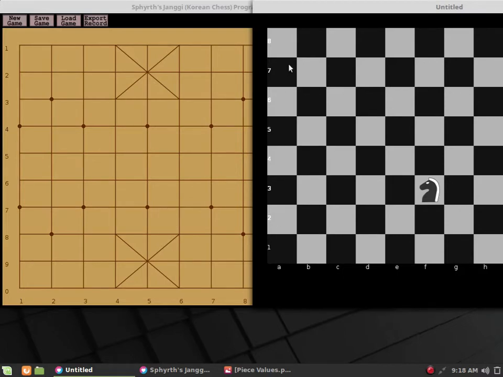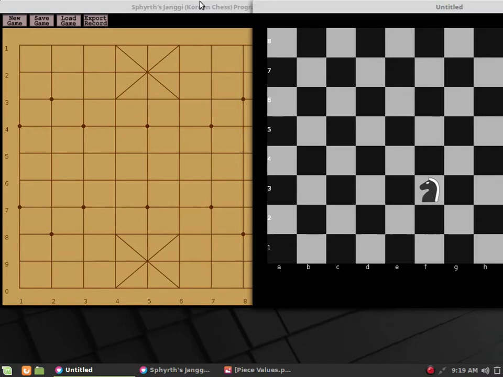Also, when it comes to notations, chess notations assign the file first. So when we're reading the location of this horse right here, it's in F3. We will be looking for the F file first and then 3.